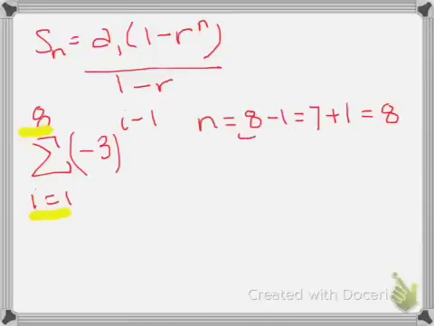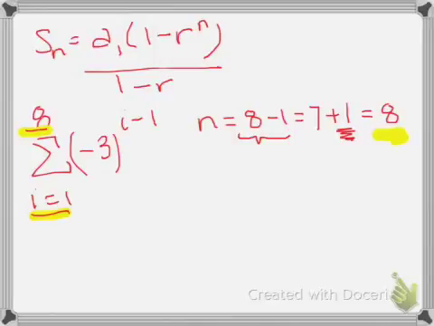So we find the difference between the start number and the end number, so 8 minus 1, and we always add 1 to it. So n equals 8. That should be reviewed from the last lesson.